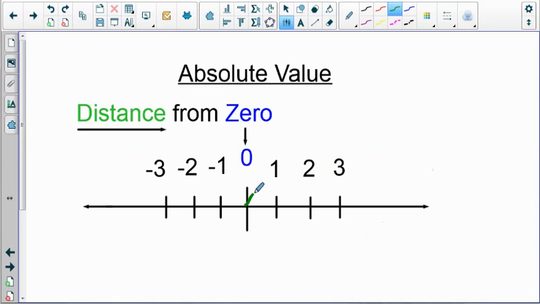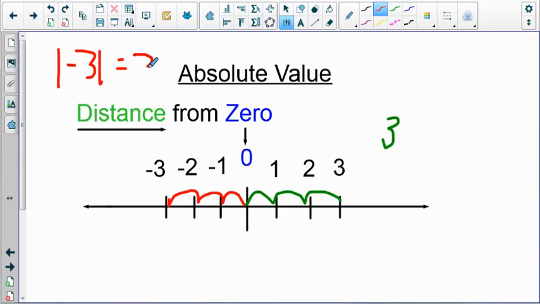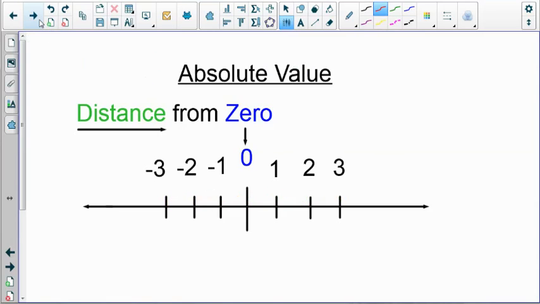Well, 3 is 1, 2, 3 from 0. So the absolute value of 3 is 3. What about negative 3? Well, negative 3 is also 1, 2, 3 from 0. So the absolute value of negative 3 is also 3.